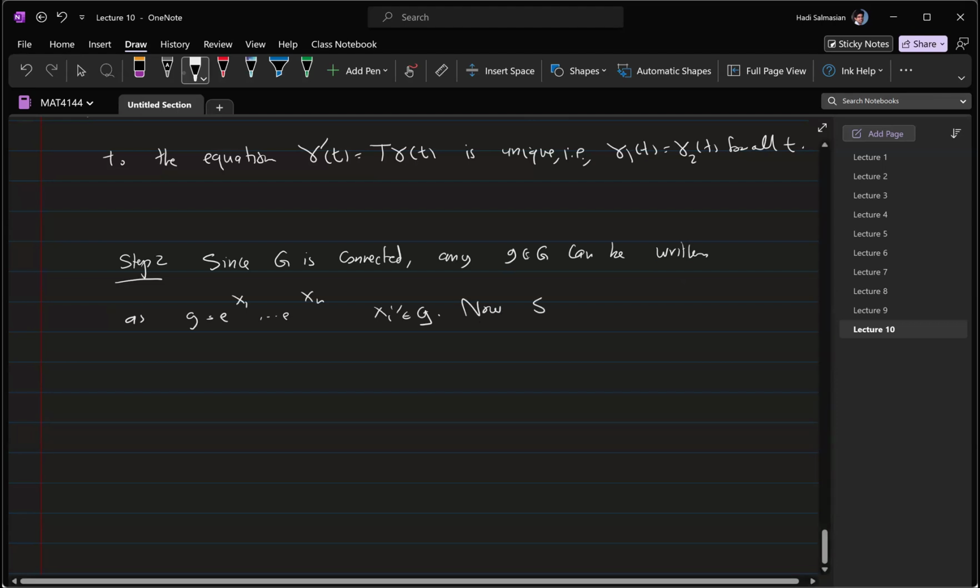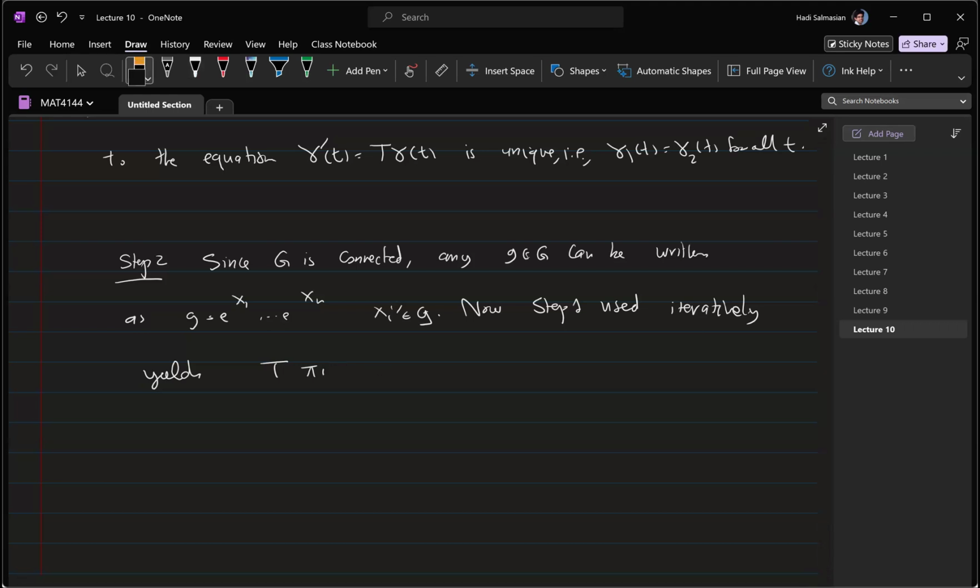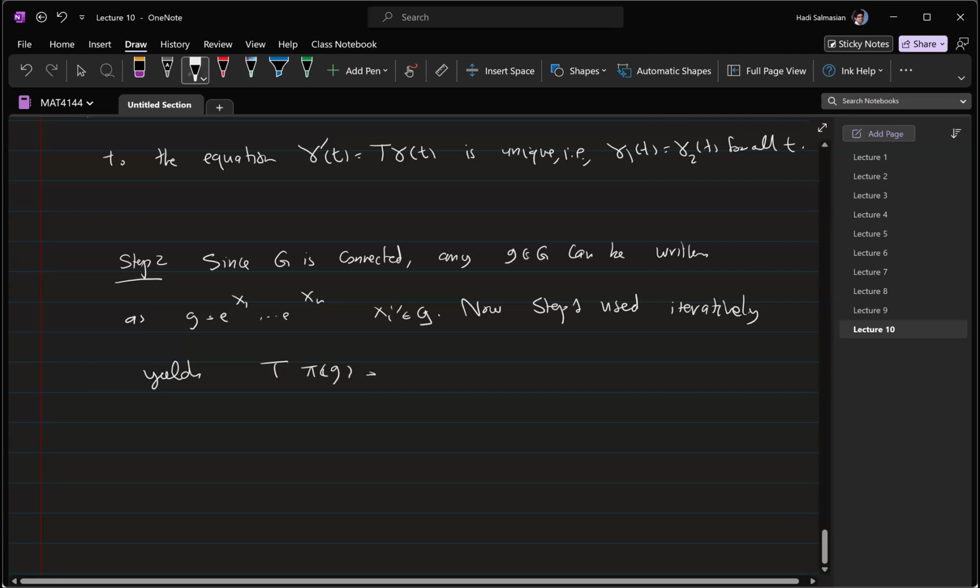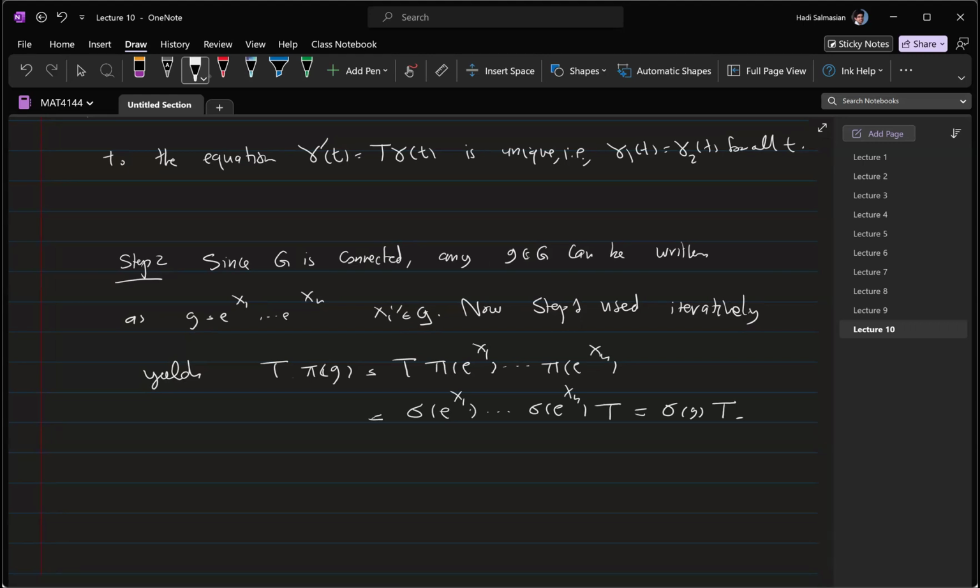So now step 1, used iteratively, yields pi of g equals pi of e to the x1 through e to the xn, which equals sigma e to the x1 through sigma e to the xn, which is sigma g. So this completes the proof eventually.